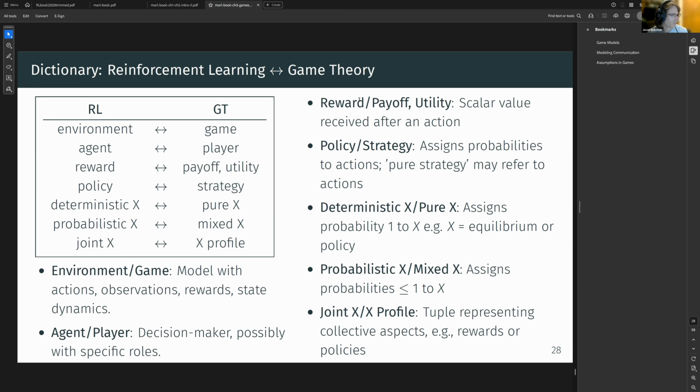You could save this page as a reminder of how the terminology works. The environment here is not just the game, but all of the different games that exist within the environment, where when you transition to a new state, you have a new game definition. Or in the case of a non-stochastic game, where it's just a repeated game, there would only be a single game as part of the environment.